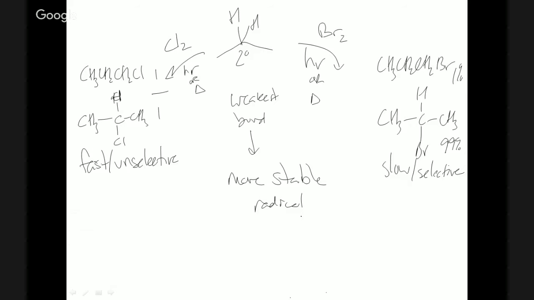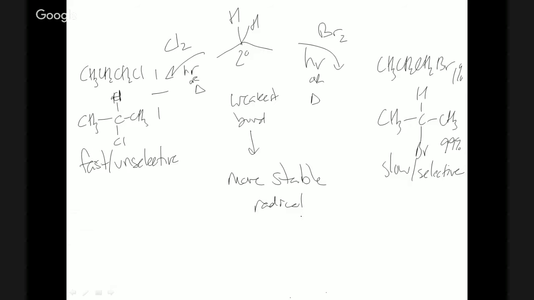So for an endothermic reaction, i.e. bromination, we can look at the radical and analyze which one's more stable. A secondary is more stable than a primary. Therefore a secondary is going to form faster and more selectively, and that's what we see. That's the rationale for this.